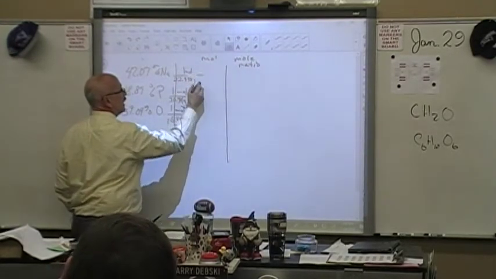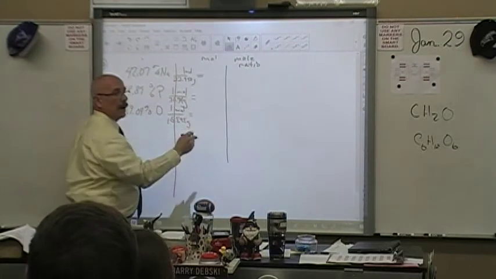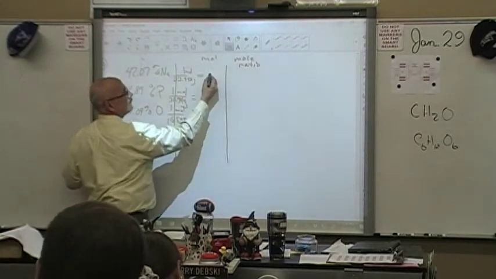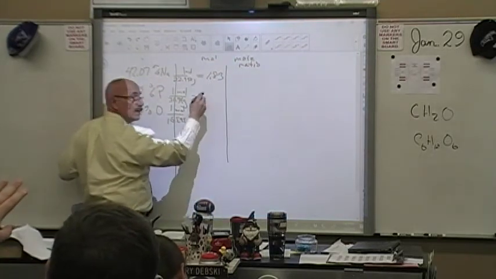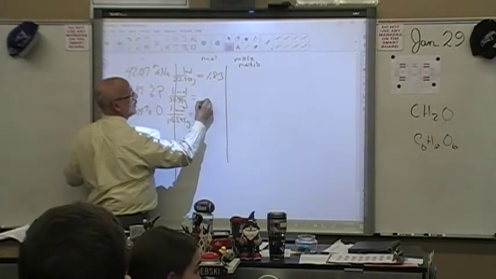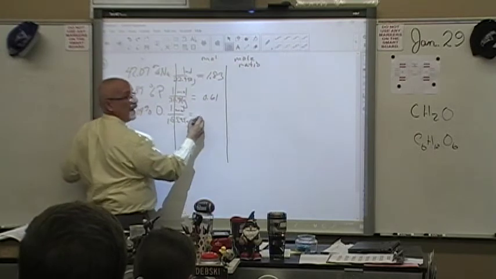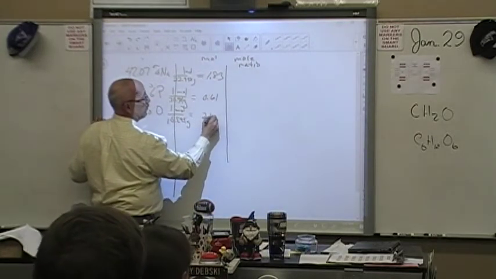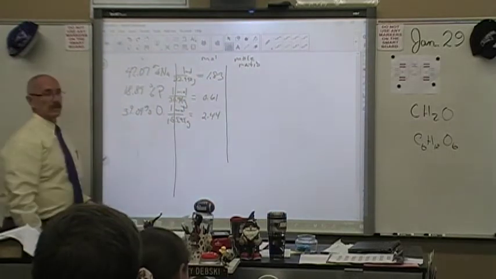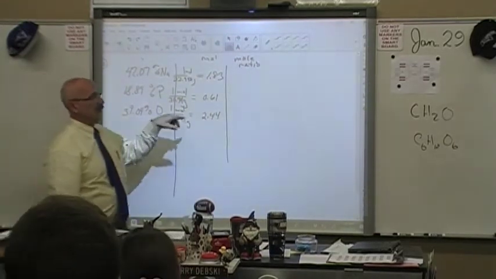Okay, divide, and we get, Kristen, first one, sodium? 1.83. Second one, Olivia? 0.61. And the third one, Hannah? 2.44. Good.